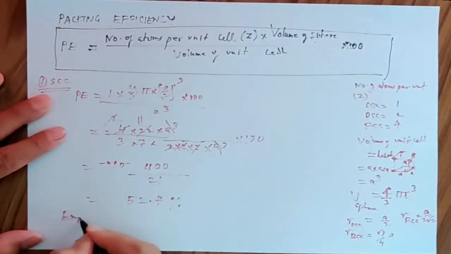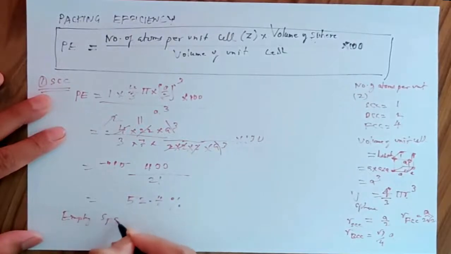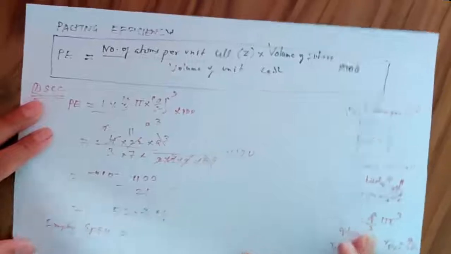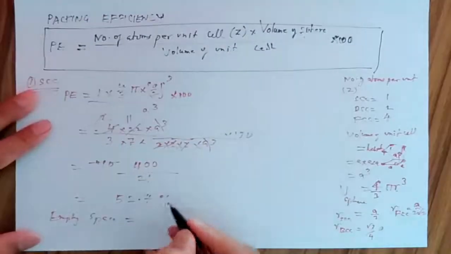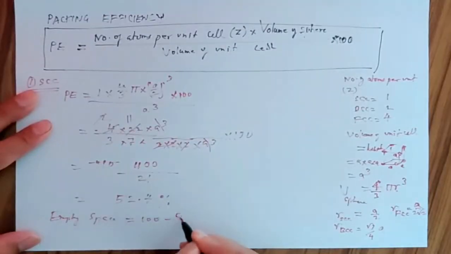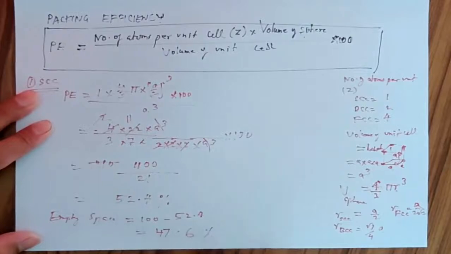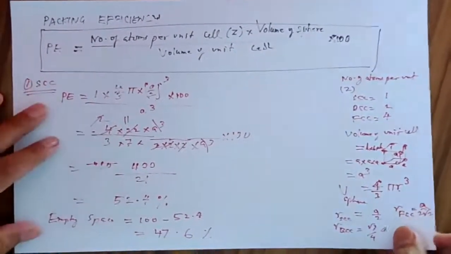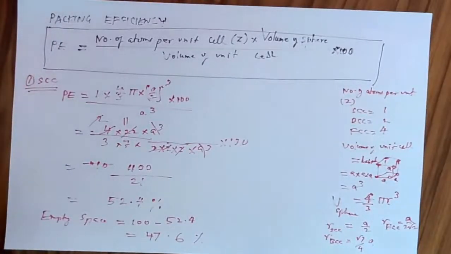Empty space is the vacant space: percentage is 100 minus 52.4, which is 47.6%. So 47.6% is empty. SCC is not very efficient.